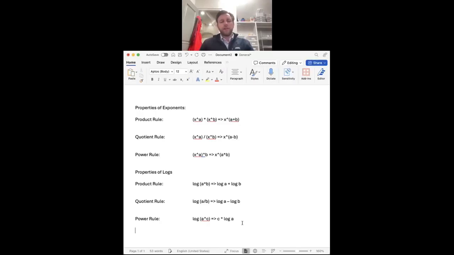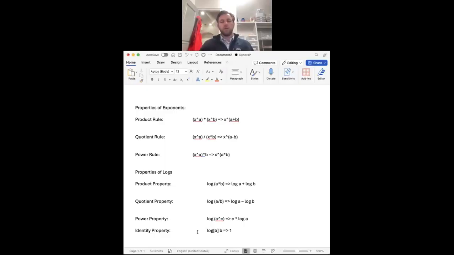I guess I'll do this. There's another one called the identity property. That's what I should probably say, not rule, but property. The identity property says if the base and the number are the same, then it reduces to 1.